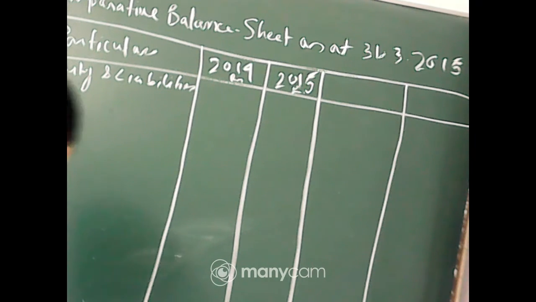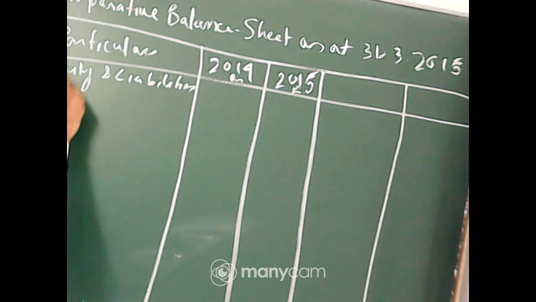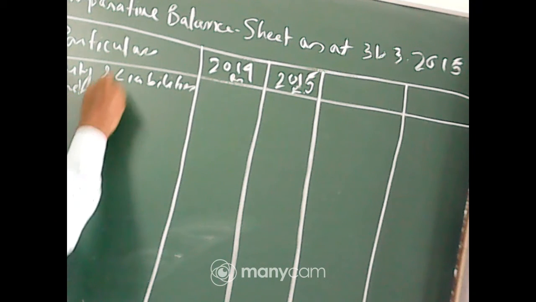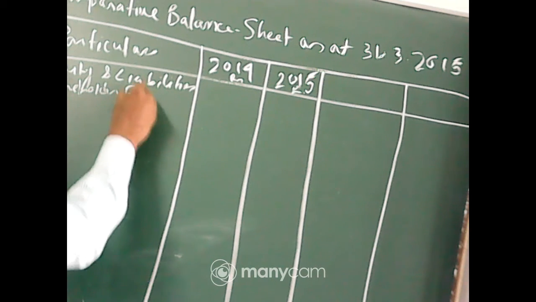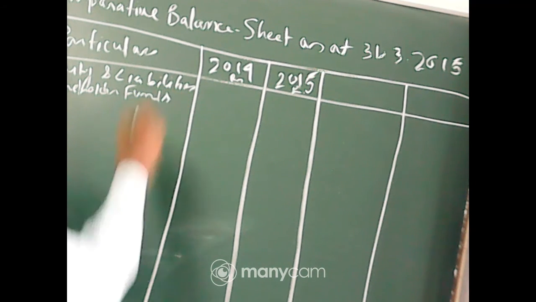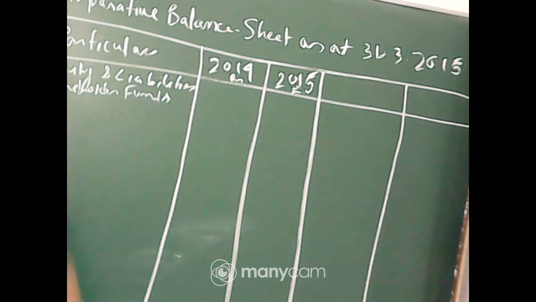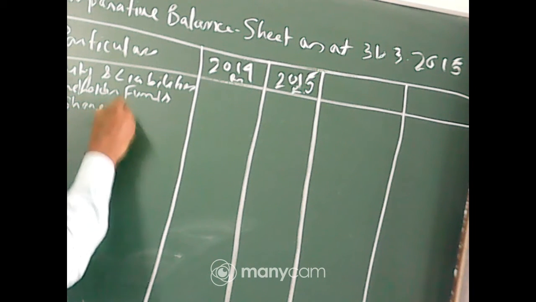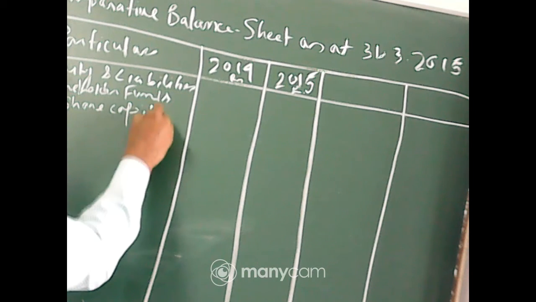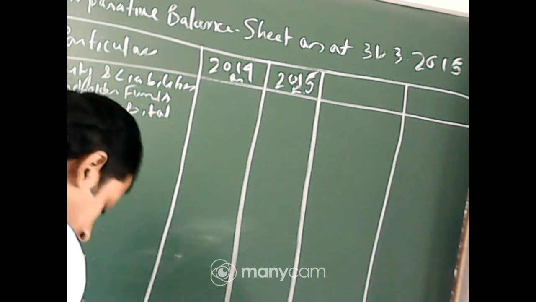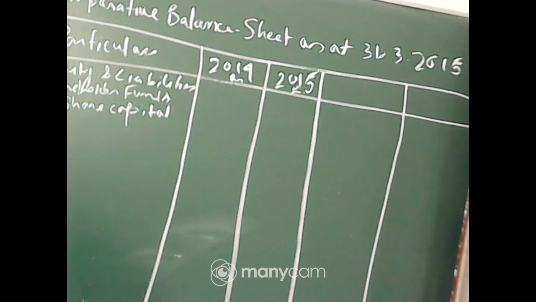Then shareholder funds. Under shareholder fund there is share capital, number A, share capital. The format is already given here as per Companies Act 2013.